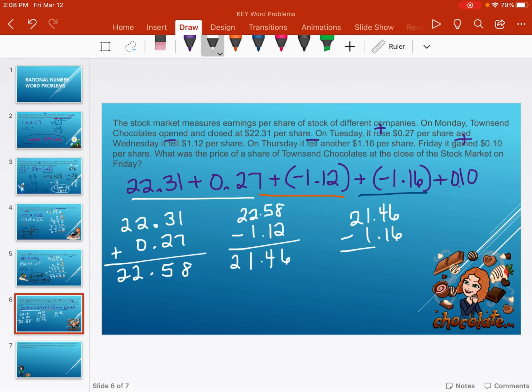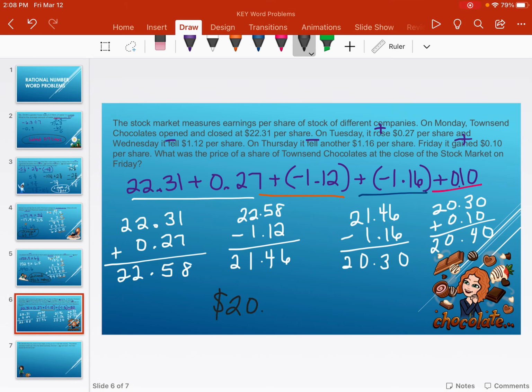Subtracting $1.16. 0, this is 3, decimal, 0 and 2. So now I'm at $20.30. And finally here I am adding 10 cents. So plus 0.10 gives me $20.40. So $20.40 is where I ended.